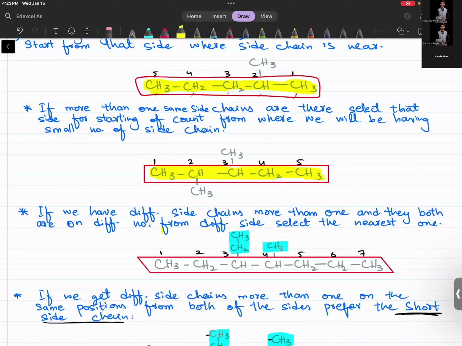I'm not showing any bias between these side chains about which one is larger or smaller, because I just came to know that from the left side I got the side chain on the third number, and from the right side on the fourth number. So I will prefer counting from the side where I have the smaller number for the side chain. Is it clear? But this is the condition when both side chains are on different numbers from the different sides.